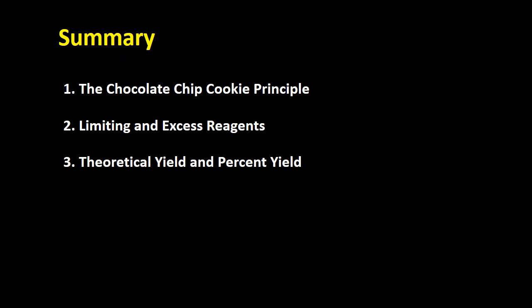All right, so that's it for limiting and excess reagent problems. The method for solving these is based on that chocolate chip cookie principle. If you can understand the little problem that we did with Dave trying to make chocolate chip cookies, whatever ingredient runs out first limits your product, whatever you're trying to make, whether it's cookies or iron chloride or carbon dioxide.